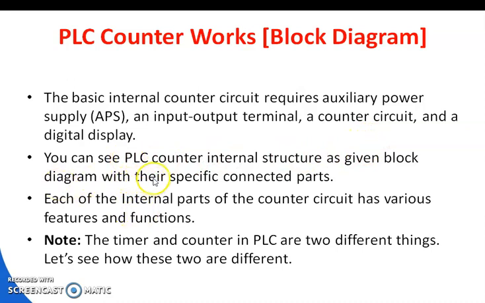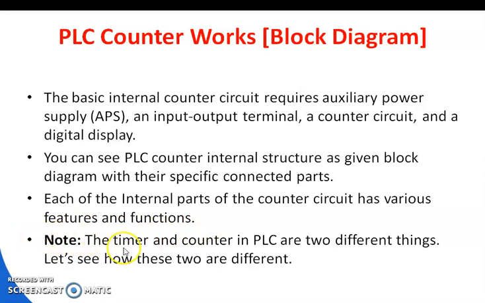We can see the PLC counter internal structure as given in the block diagram, with their specific connected parts. Each of the internal parts of the counter circuit has various features and functions.